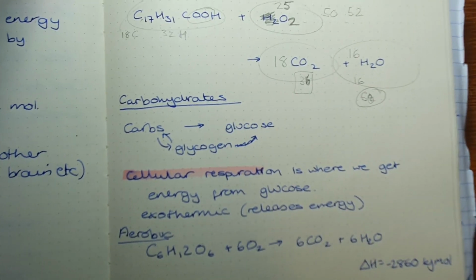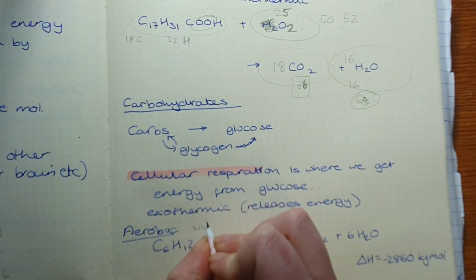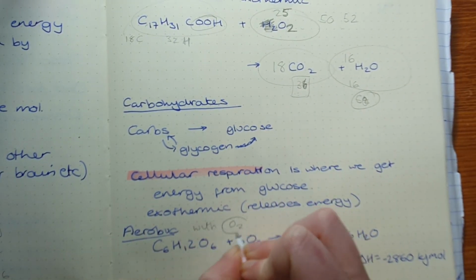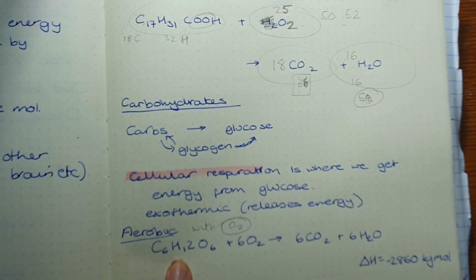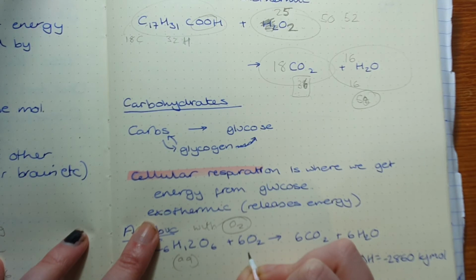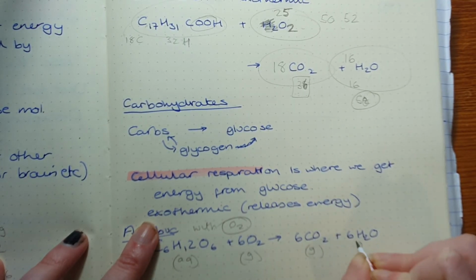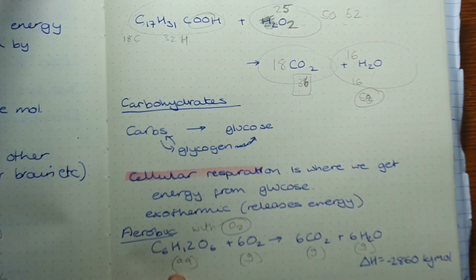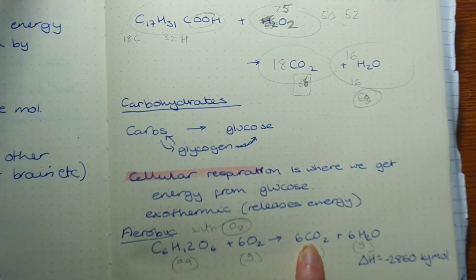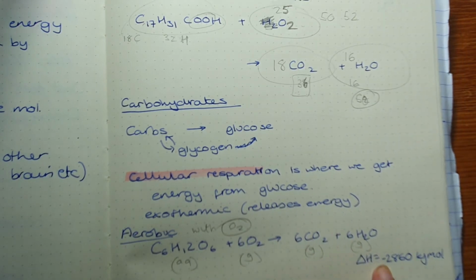So aerobically, which means we have oxygen, O2. We take our sugar, use aqueous, this is a gas. So we're breaking down our sugar in the presence of oxygen to give us carbon dioxide, water, and lots of energy.